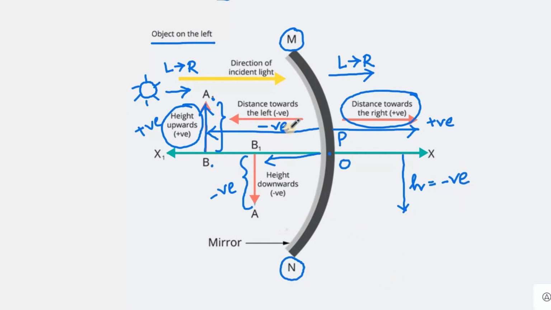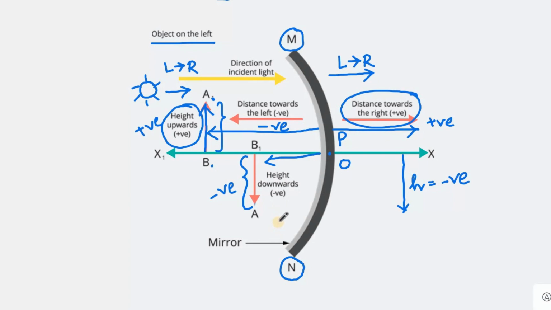So if we summarize everything, any distance measured to the left from the center of the mirror or the lens is a negative quantity, and any distance measured to the right of it is a positive quantity. Any distance or height measured upwards from the principal axis is a positive quantity, and any distance or height measured downwards from the principal axis is a negative quantity.